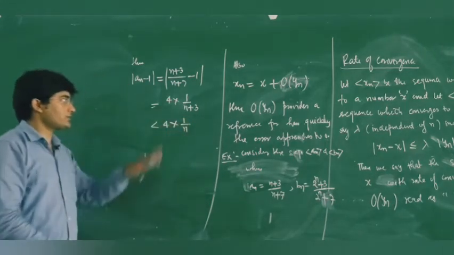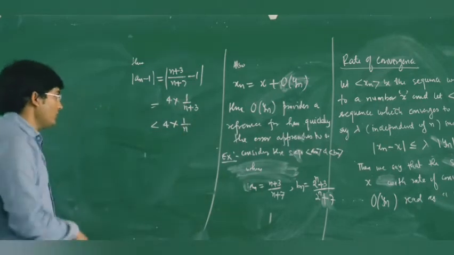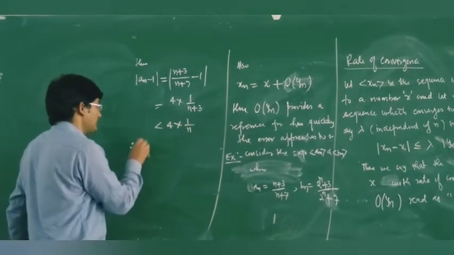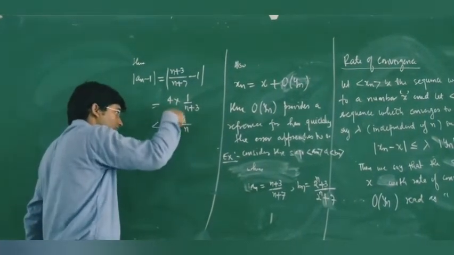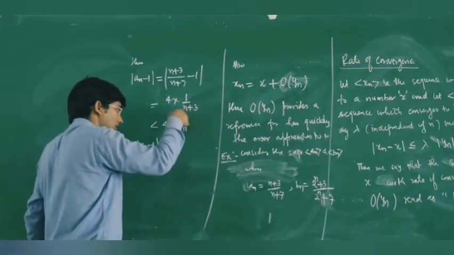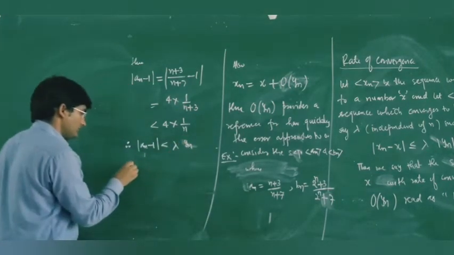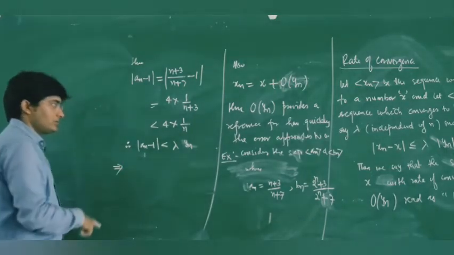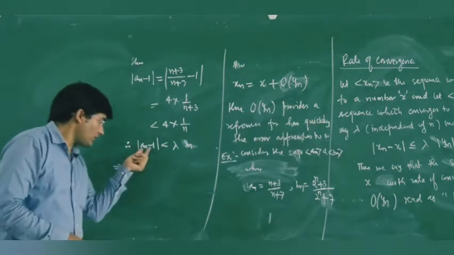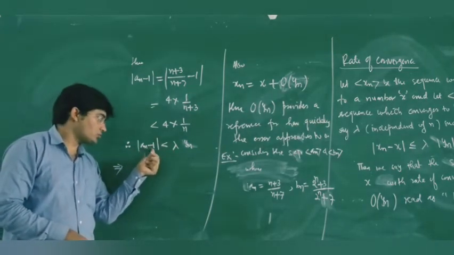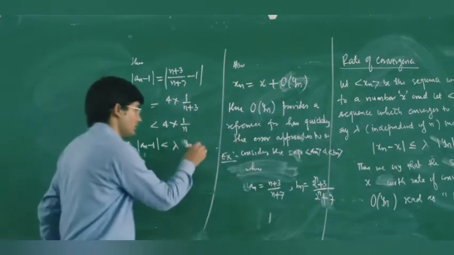We can also write it as, because 1 upon n plus 3 will be less than 1 upon n. Therefore, we can say that this an minus 1 is less than 4 times 1 by n. If you take this 4 as lambda, and say this 1 by n is yn, then with the help of this definition, we can say that our an is converging to 1 with order of convergence of yn.